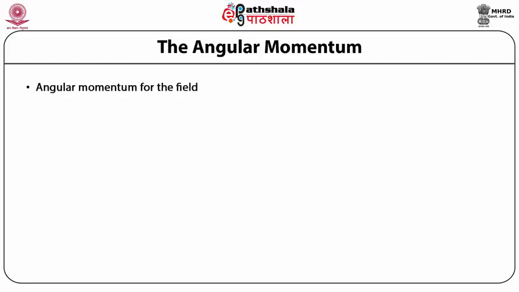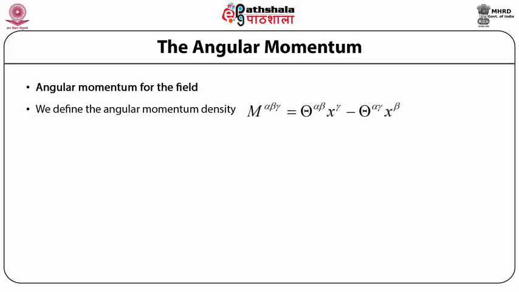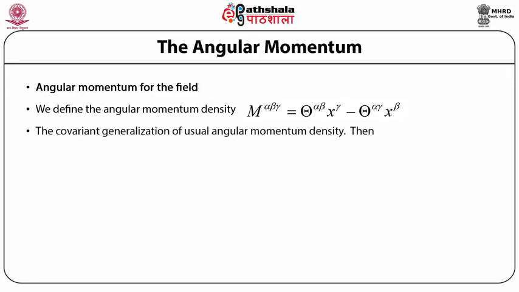Angular momentum for the field. We define the angular momentum density M alpha beta gamma equals phi alpha beta x gamma minus phi alpha gamma x beta, the covariant generalization of the usual angular momentum density.